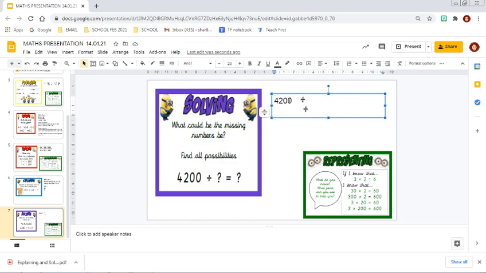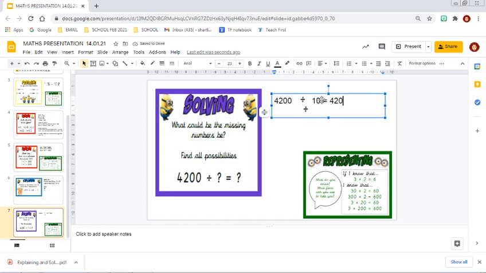So we could have 4,200. We could decide to divide that by 10 to start with, which would equal 420.